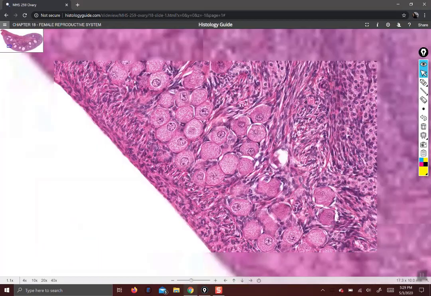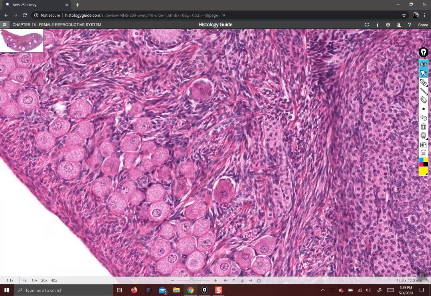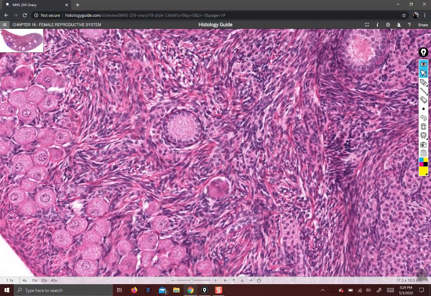So let's go find a primary follicle. I remember seeing one nearby up and to the left that I liked. Aha, there we go. And I'm going to leave it a little bit zoomed out just for a moment because I want you to be able to see the difference. So here we have a primary follicle.